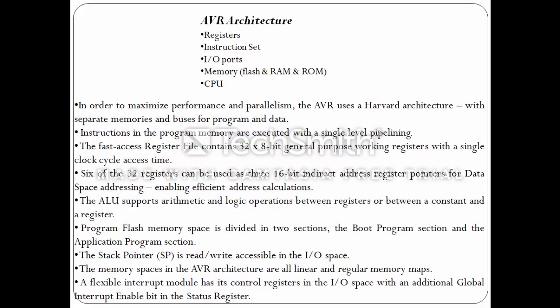An instruction register is the part of the CPU control unit that holds the instruction currently being executed or decoded. The instruction decoder is the circuit that decodes an opcode, and the status register contains information about the result of the most recently executed arithmetic instruction. This information can be used for altering the program flow in order to perform conditional operations.